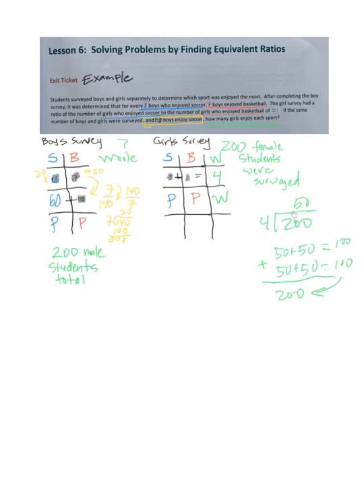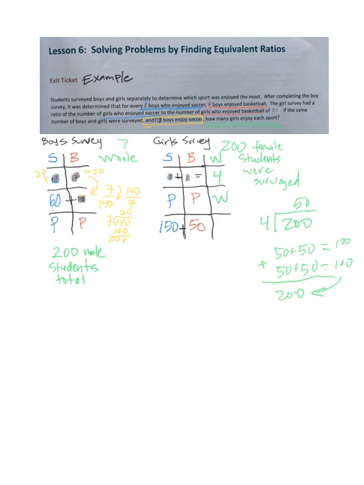So 3 sets of 50 is just going to equal 150, right? So we can go ahead and put 150. And then the remainder that's left after 150 is 50.